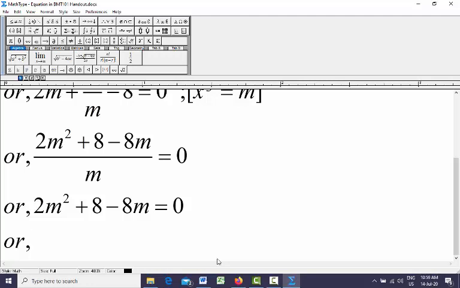Now let us rearrange it. At the same time we can take common 2.